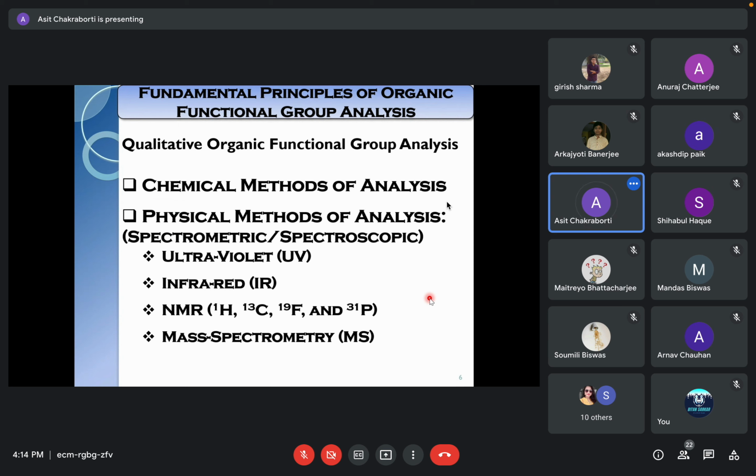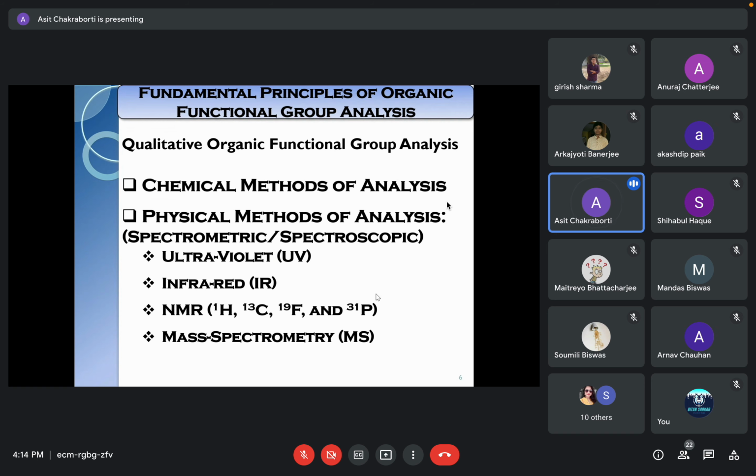So the color test is one of the important concepts of the qualitative analysis, and the color concept also comes from ultraviolet spectroscopy, and for that you have to learn all those things. What will we do for that? Before we proceed further, I'll quickly go through and touch upon all those issues of UV and IR. NMR and mass I'll take on a separate day. Today it will not be possible for us to discuss.